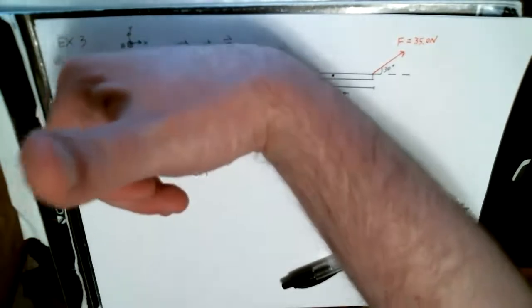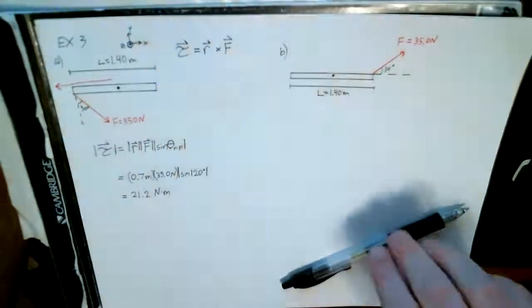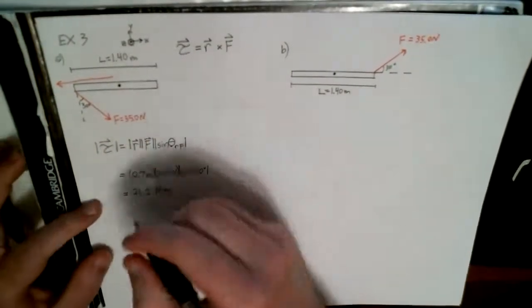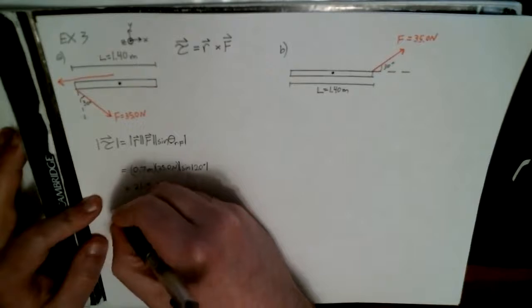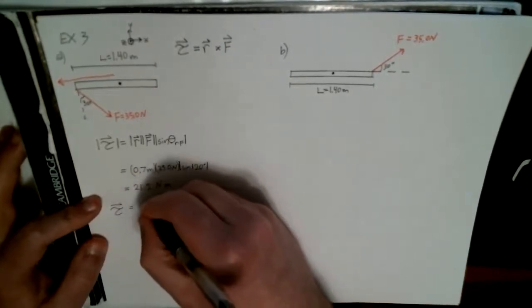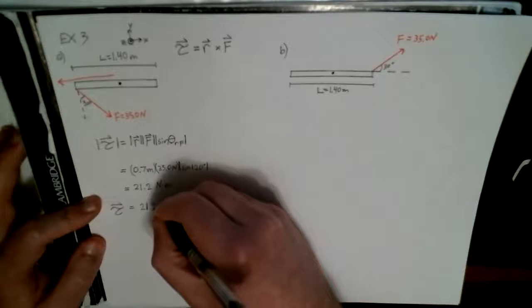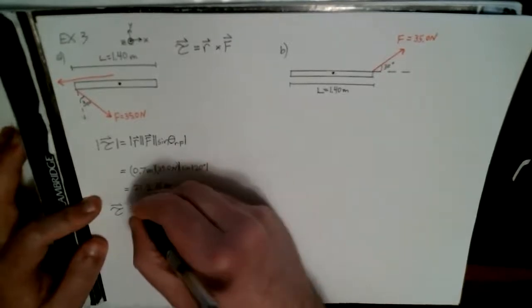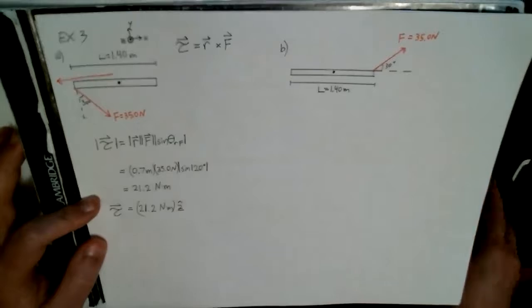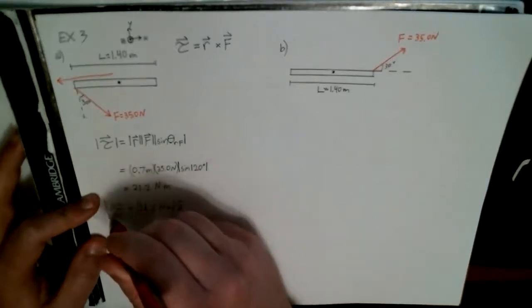Since my thumb is pointing out at me, out of the page, I say that my torque is in the positive z direction. So our finished torque vector is 21.2 newton meters in the z-hat direction. That's our torque for part A.